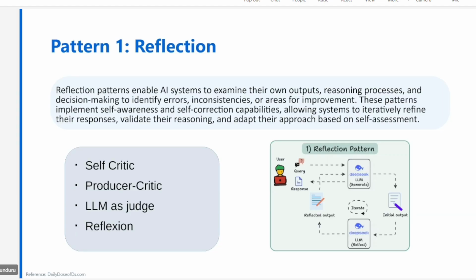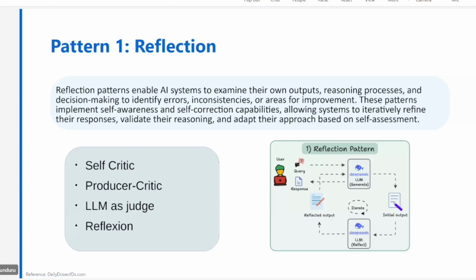The reflection pattern enables AI systems to examine their own outputs, reasoning process, and decision making to identify errors, inconsistencies, or areas of improvement. These patterns implement self-awareness and self-corrective capabilities, allowing systems to iteratively refine their responses, validate their reasoning, and adapt their approach based on self-assessment.